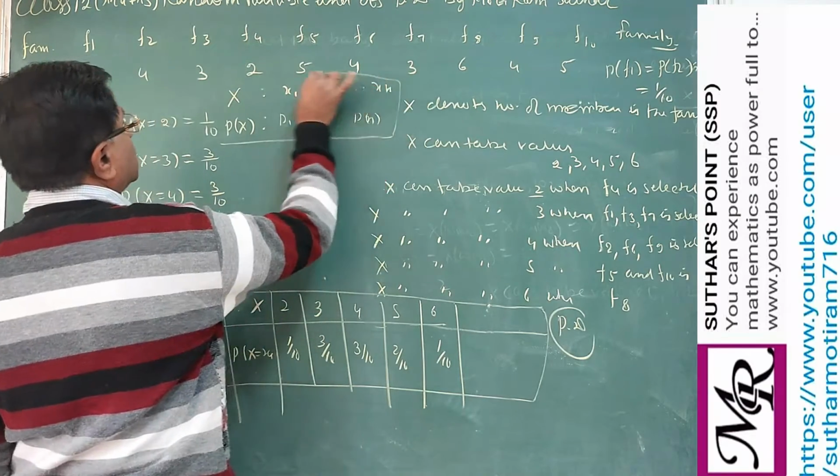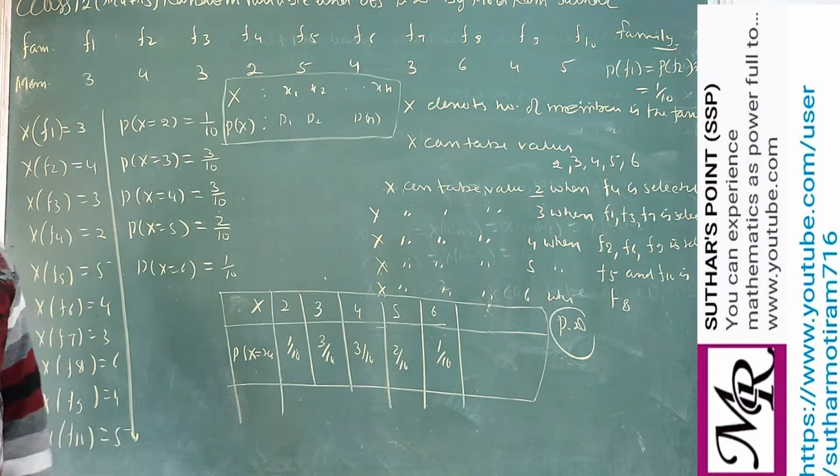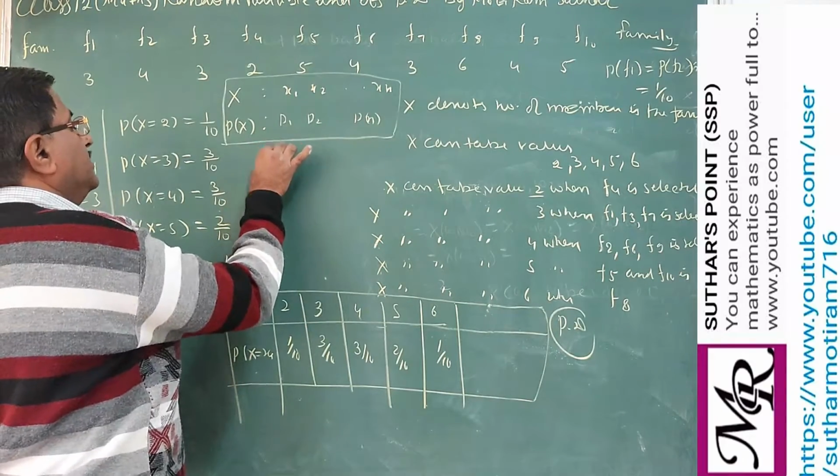This type of distribution is known as probability distribution, PD.